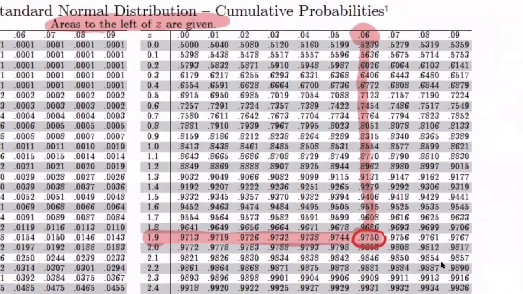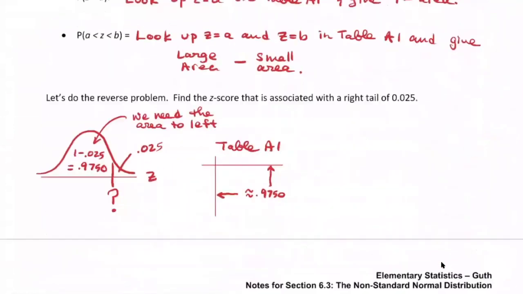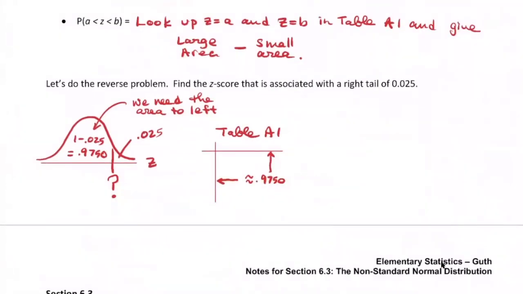Okay, does that make sense? We're doing the problem in reverse here. We're starting with a probability and going back to the z-score, which will actually be an important tool for us. But we'll have a better way to look it up later. But right now, this is how you're doing it. Okay, so let's just go back here. 9750 came out as 1.96.